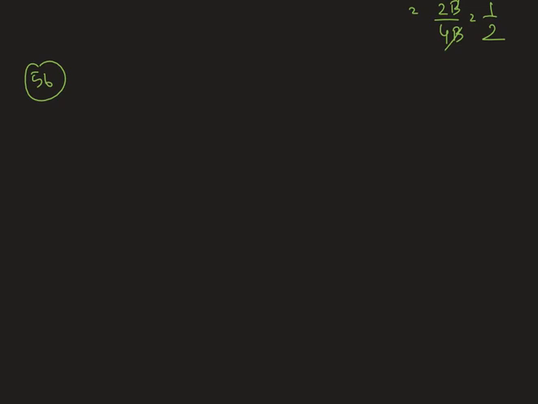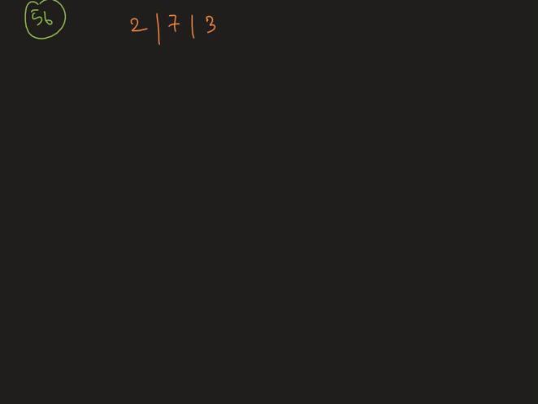Suppose we have 7 and we divide it by 2. Okay, so we get 3 as the answer of division and the remainder will be 1. Okay, so the remainder is 1 and our answer is 3.